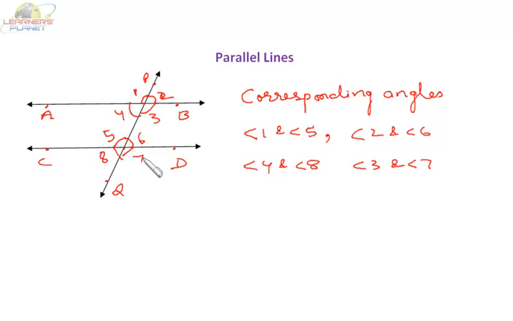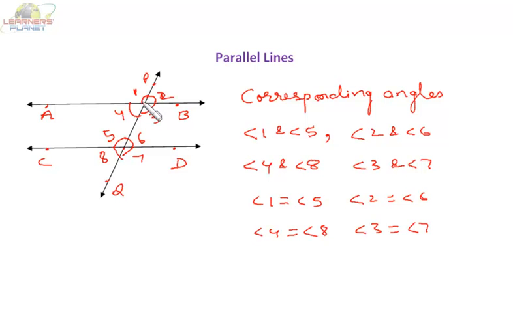The most important thing here is that when the two lines are parallel, their corresponding angles are the same. The value of these angles is equal. That means angle 1 will be equal to angle 5, angle 2 will be equal to angle 6, angle 4 will be equal to angle 8, and angle 3 will be equal to angle 7.